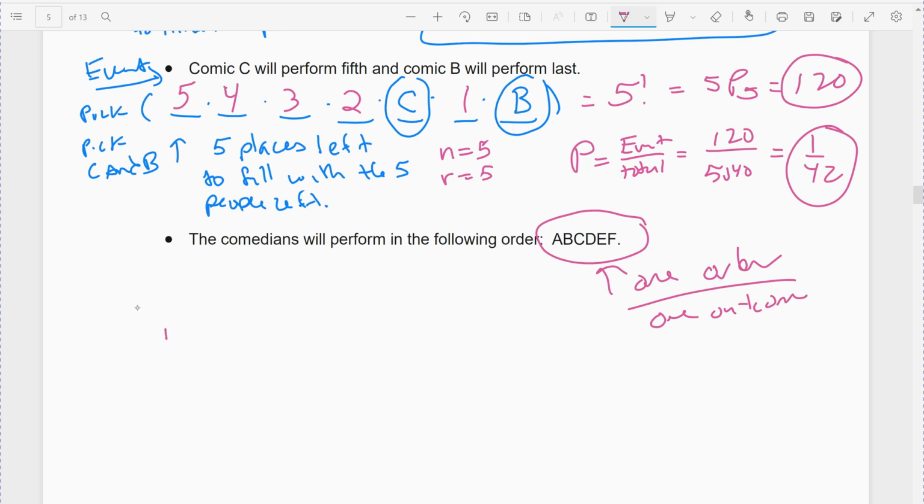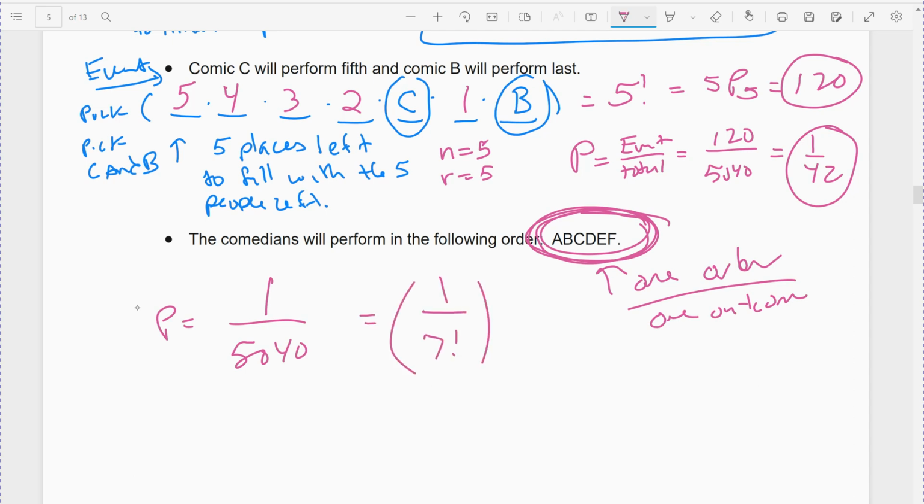So if we were to randomly do it, what's the chance that it's in alphabetical order? Well, there's one shot out of the total, one of my 5040 outcomes. So that's 1 out of 5040, or 1 over 7 factorial. Then you can find the decimal and the percent. I'll leave that for you to do. That's just typing it out on your calculator.